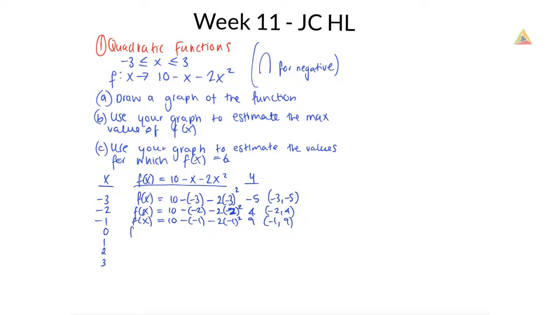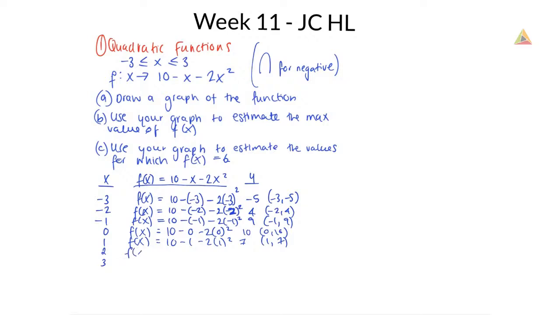Then you put 0 in, so the f of x is equal to 10 minus 0 minus 2 by 0 squared. And when you put that into the calculator, you get 10. So that point is (0, 10). The next point is 10 minus 1 minus 2 by 1 squared. Put that into the calculator, you get a value of 7. Your point then is going to be (1, 7).